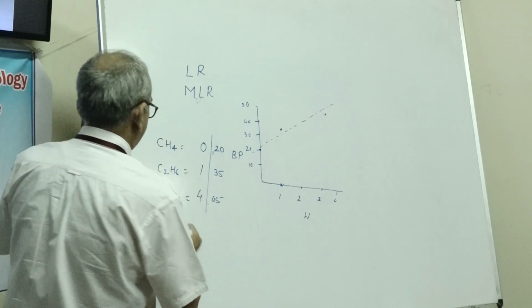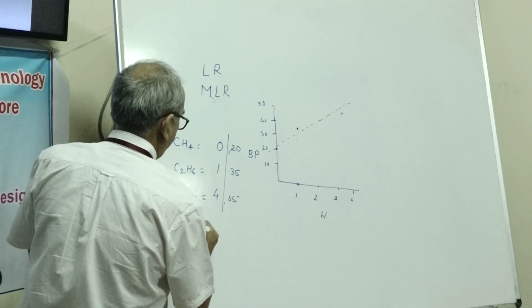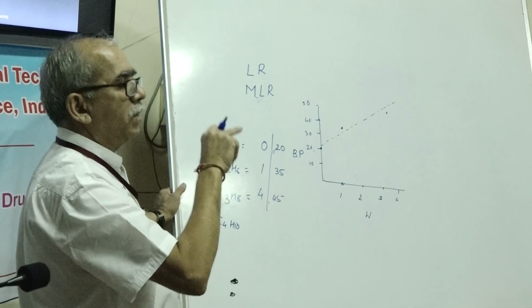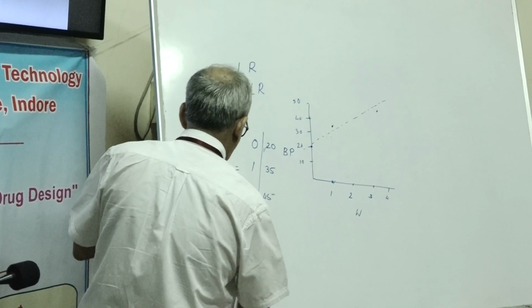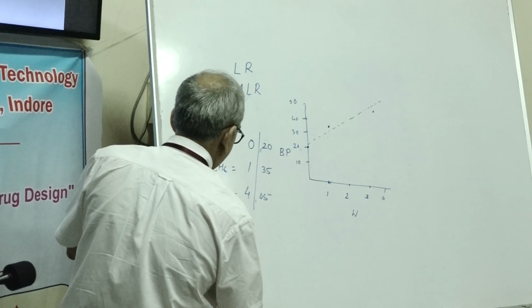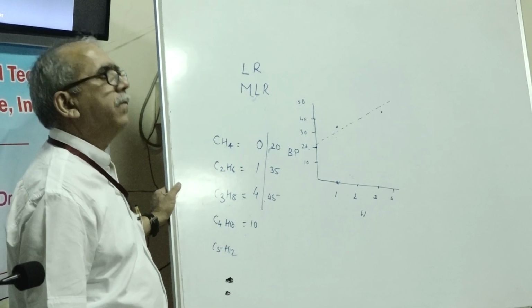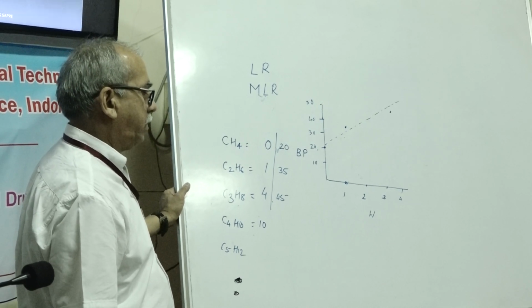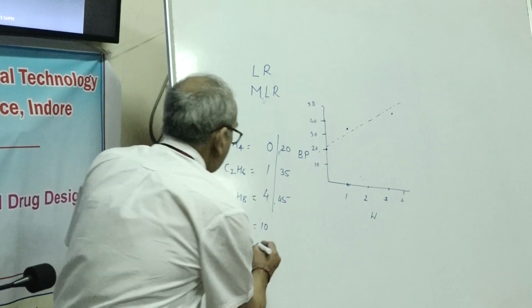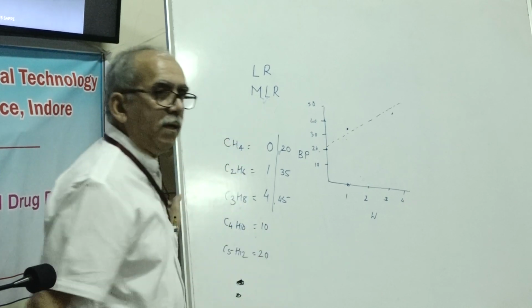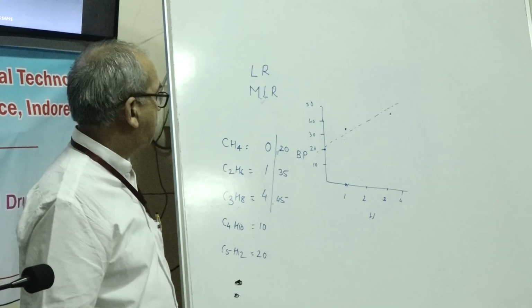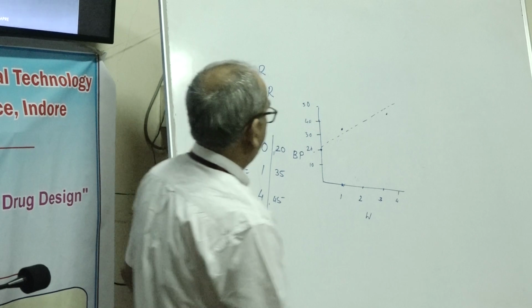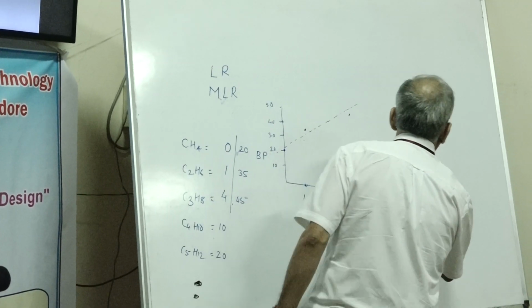But now I go for C4H10, it will be 10. C5H12, what it would be? 1, 4, and now you try to plot it like this.